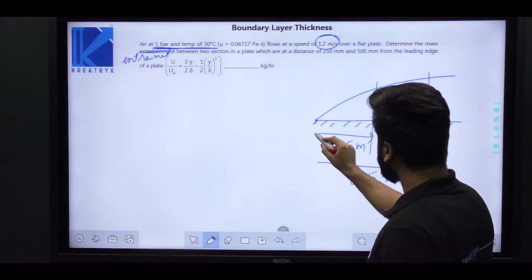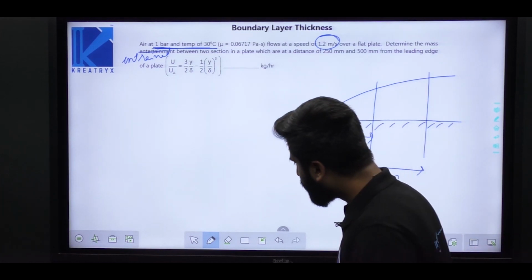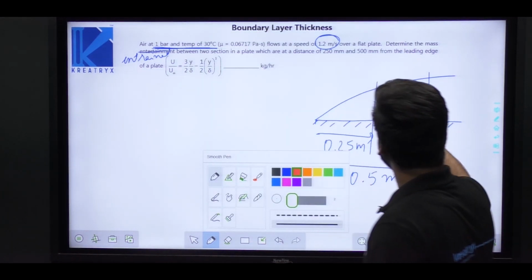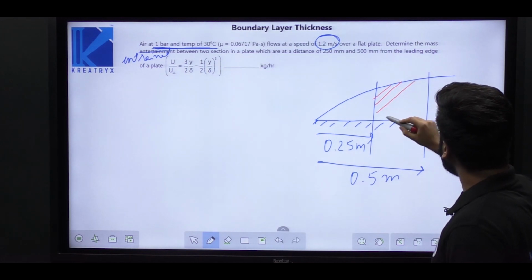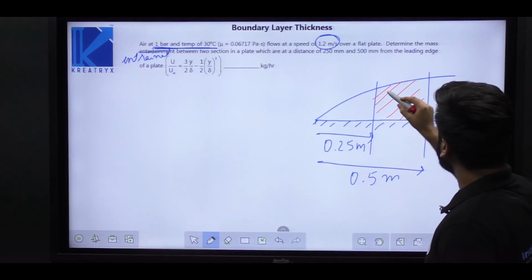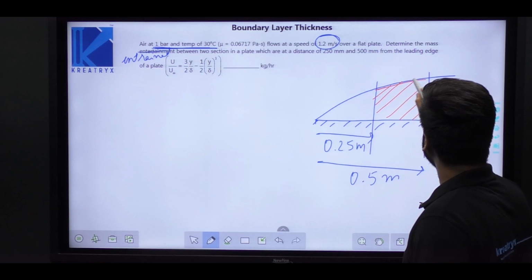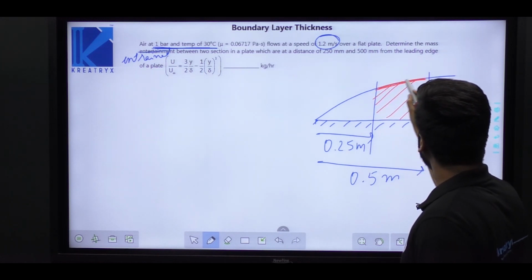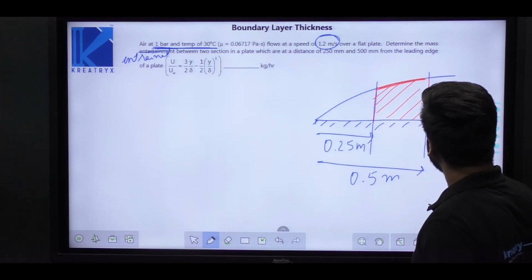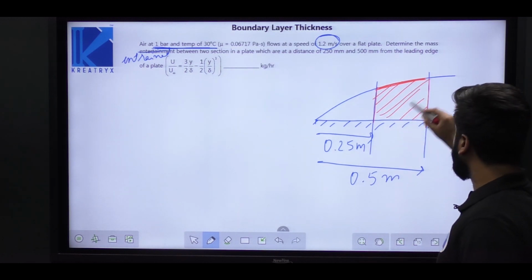This is the leading edge. So what we have to find now? We have to find this mass entrapped between these two sections.